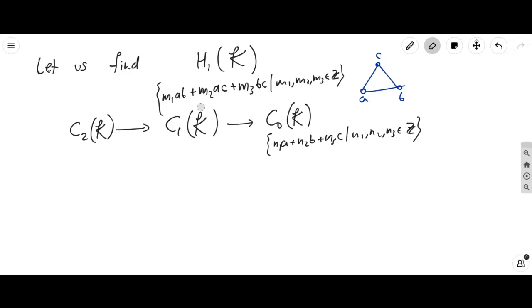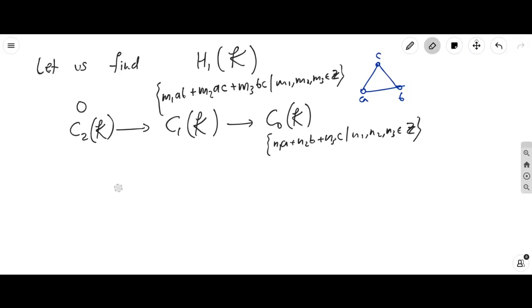These are just the formal objects that make up the group. Now you will notice I'm writing AB. The reason why I'm not writing BA is because the convention is that BA is negative AB. That's what we mean by oriented simplices. So you do not repeat them again. And then for 2-dimensional simplices, that's just going to be 0.